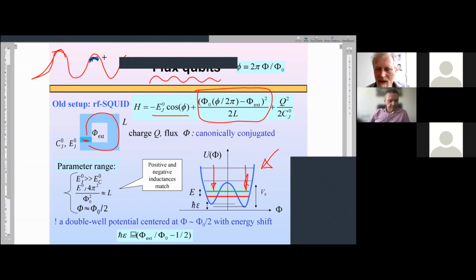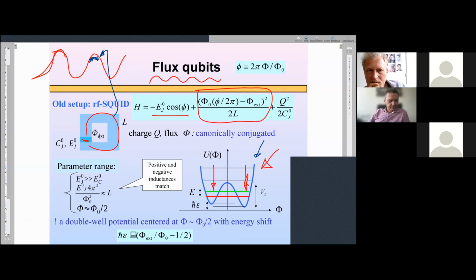And somewhere at this point, the potential becomes very flat, and it can be tuned to have two minima like this. A double-well potential. One has to apply half of a flux quantum to this loop to achieve this situation. That was the idea of how to put it in practice.